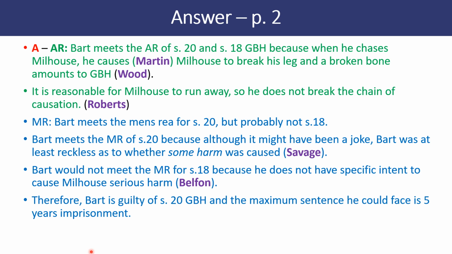And I would always advise you, if it's GBH, to apply both of them, even if you're definitely sure it's section 20, because the actus reus is the same anyway. You only have to apply a little bit extra really for the mens rea. And this way, if you do make a mistake, and it was actually section 18, at least you're getting credit for talking about the law on section 18 as well, even if you've not done all the application of it.